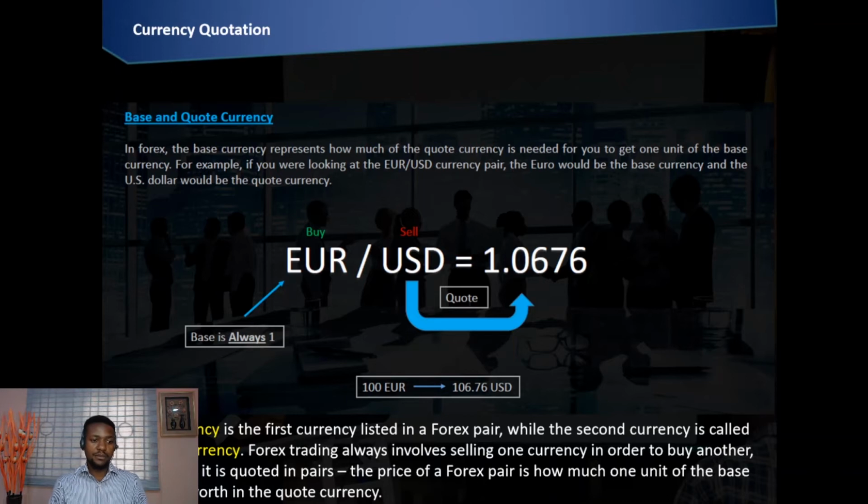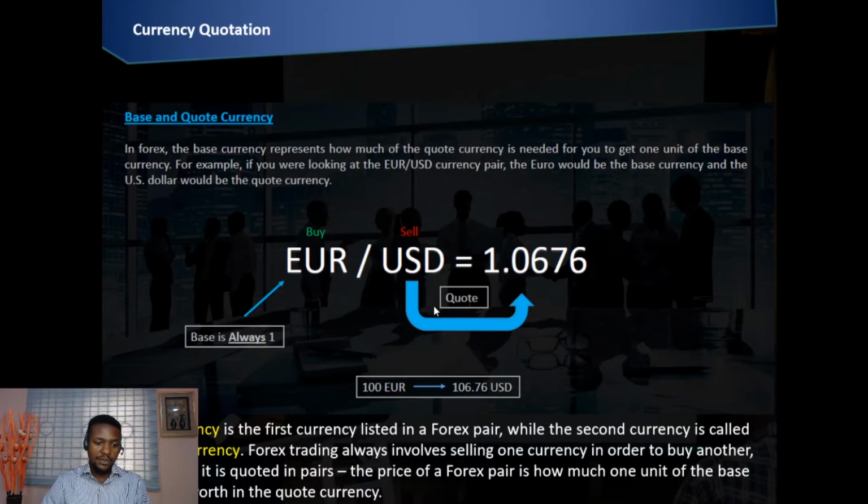So you need to understand currency quotation. Now we have base and quote currency in Forex. The base currency represents how much of the quote currency is needed for you to get 1 unit of the base currency. For example, if you are looking at the Euro USD pair, the Euro will be the base currency and the US dollar will be the quote currency. And as you can see, the base is 1 while the quote currency is this.